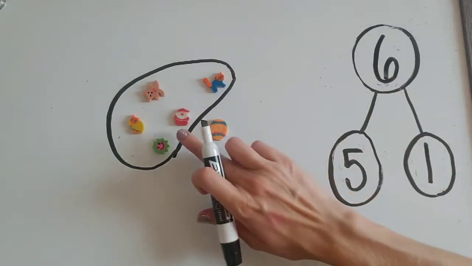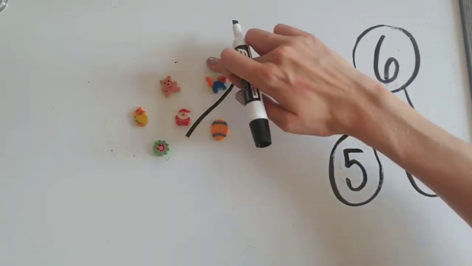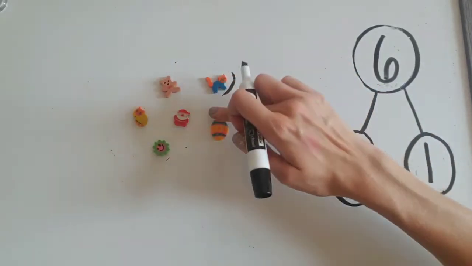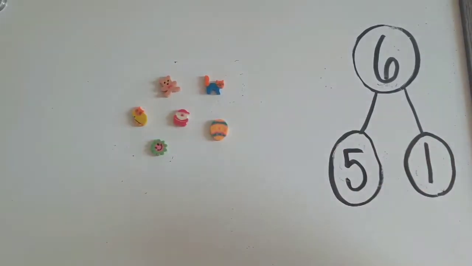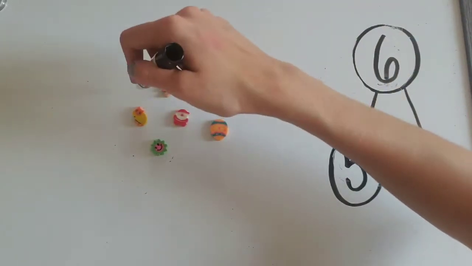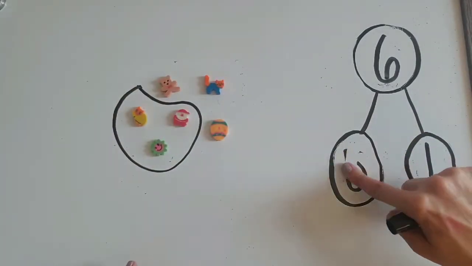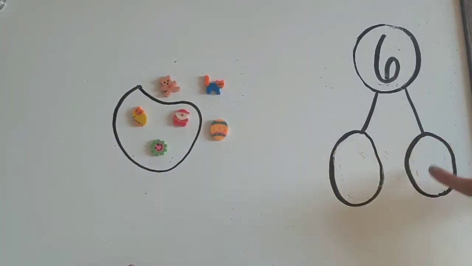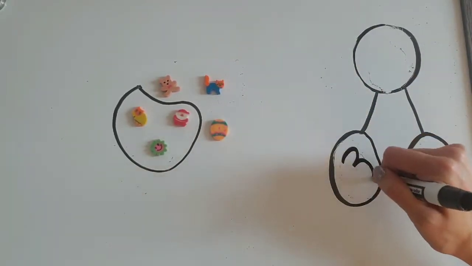All right, one more. I think I want to kind of split these into even groups. So I'm going to go right there. Circle 3. Oh, let me erase this. Okay, so I circled 3, so I'm going to put 3 there.